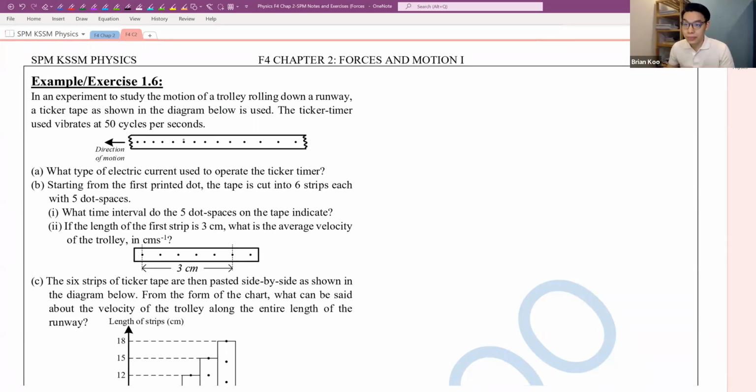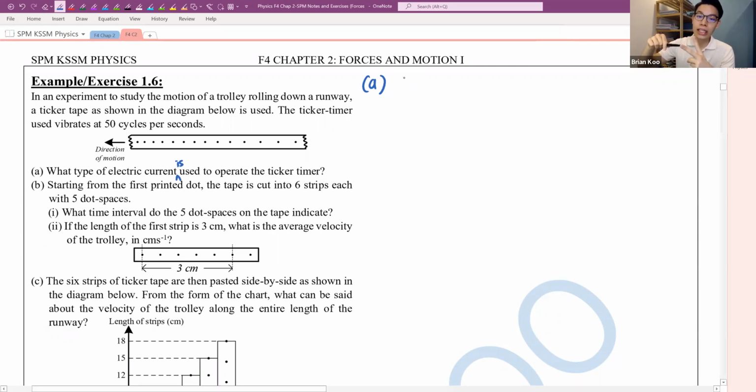Part A, they ask you, what type of electric current is used to operate the ticker timer? That would be two types only, which I taught you. Is it alternating current or direct current? Direct current, think of it as a battery.